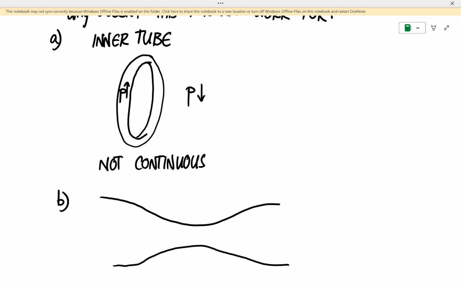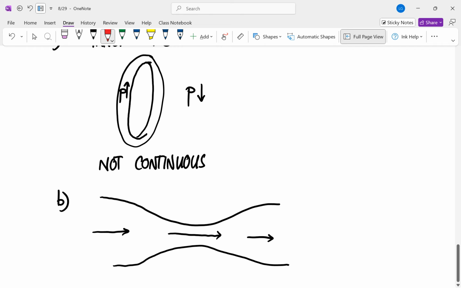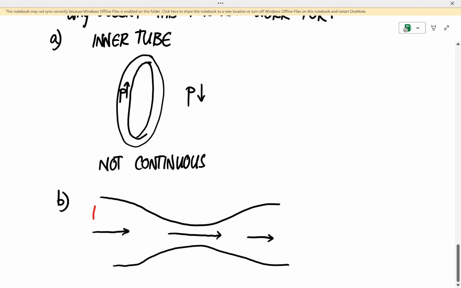So if fluid is going this direction, over here, it has a high pressure as it has a low velocity. Here it has a low pressure as the velocity gets higher, and here it has a high pressure again.